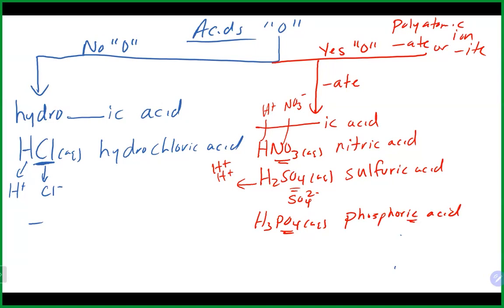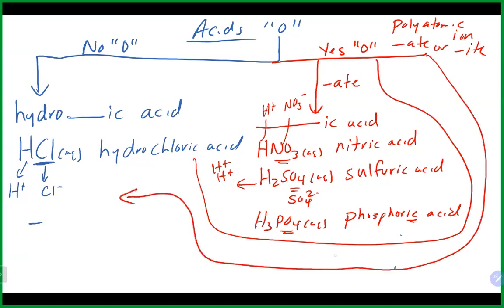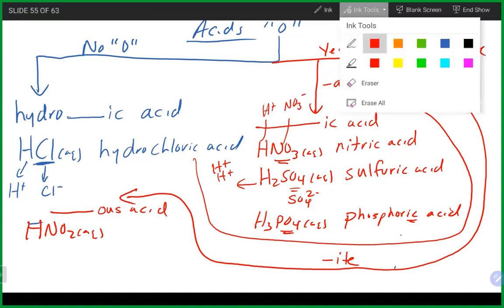Now, if it does contain oxygen and your polyatomic ion ends in -ite, your acid will be something OUS acid. HNO2, for example. NO2 minus is nitrite.